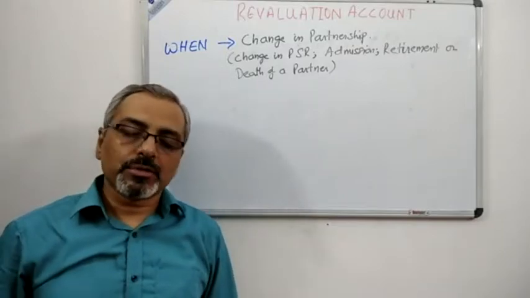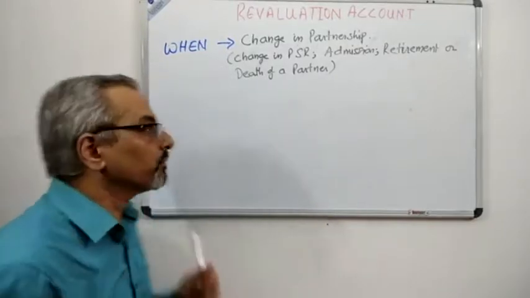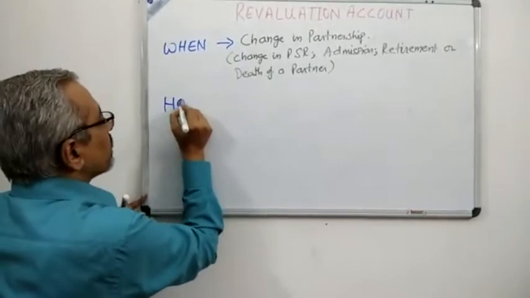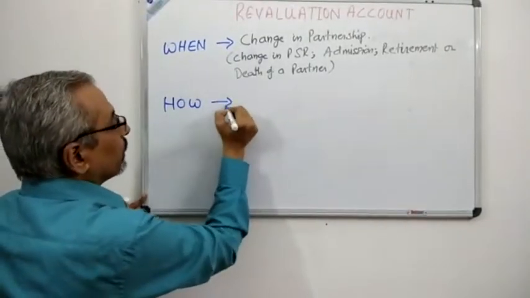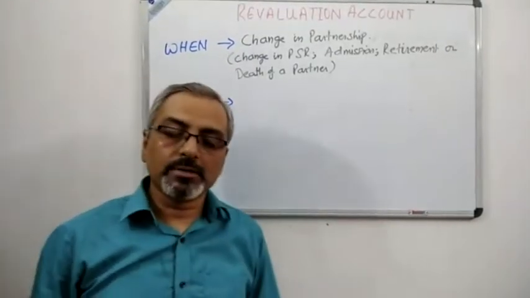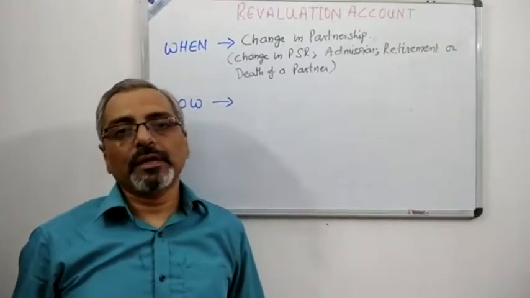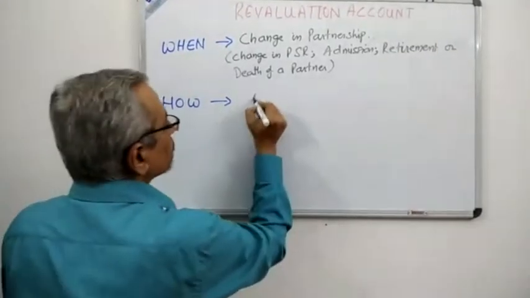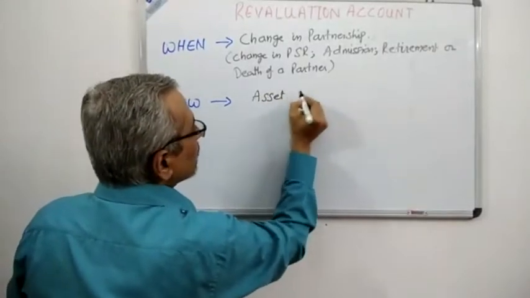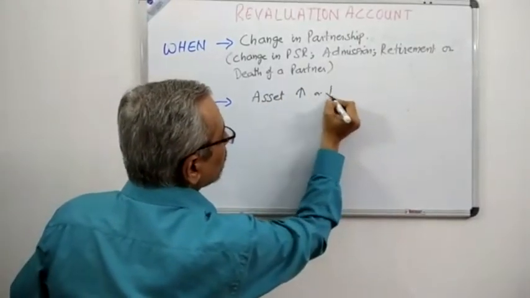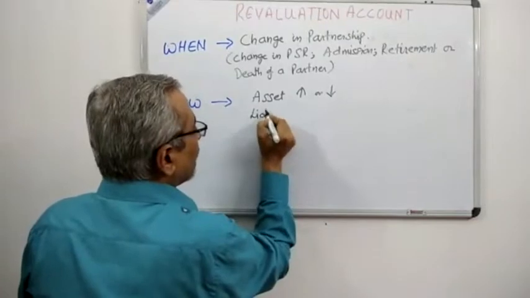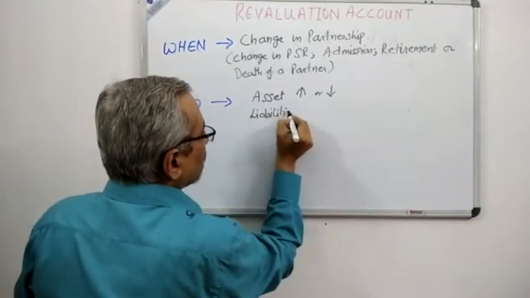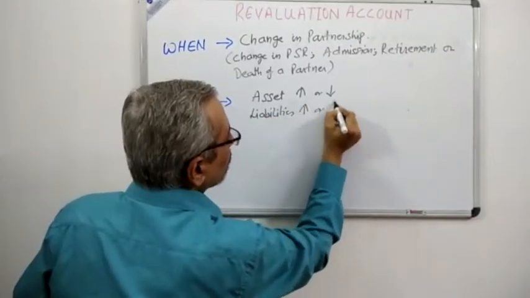Now the second question which will be asked is, how is it prepared? It is prepared to showcase the change in the value of assets and liabilities, and therefore it just shows you if the value of assets increases or decreases and the value of liability increases or decreases.